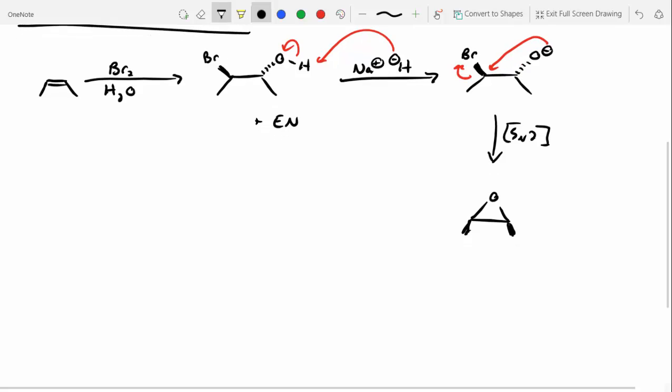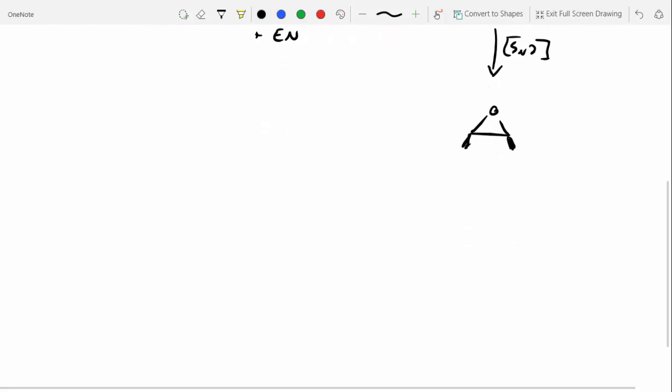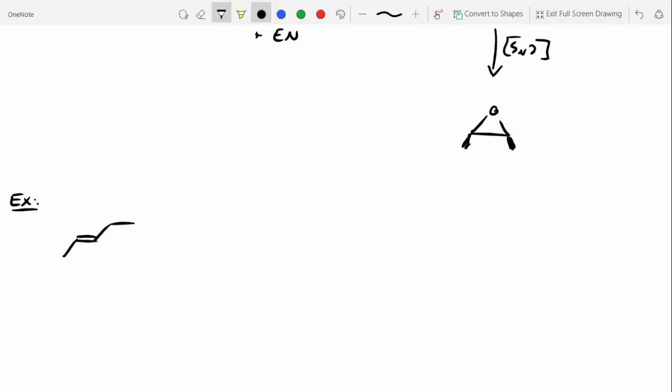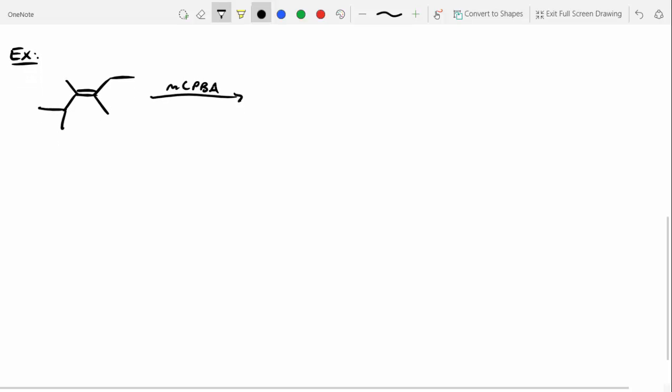All right, so let's do a practice one, just for review. And I'm going to do an isopropyl group here. We're going to react this with MCPBA. And I want you to give me the product or products of this reaction.